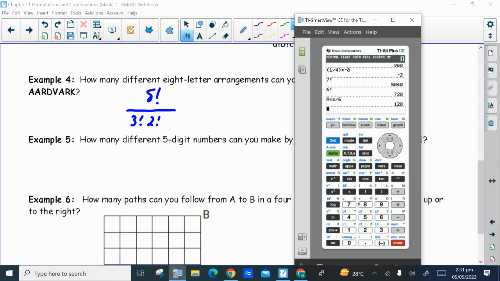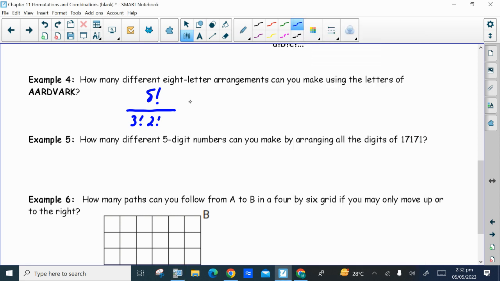So on the calculator, when we do this, I will put the 3 factorial and 2 factorial in brackets. And 2 factorial is just 2 times 1. But we put it in brackets to make sure that the 3 factorial and 2 factorial are both in the denominator. So we get an answer of 3,360.